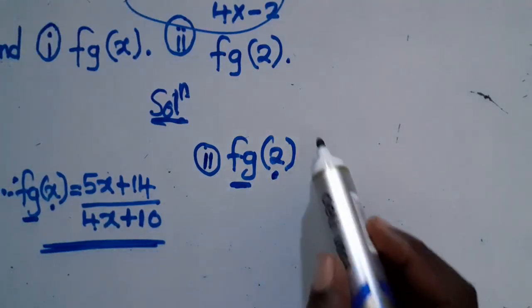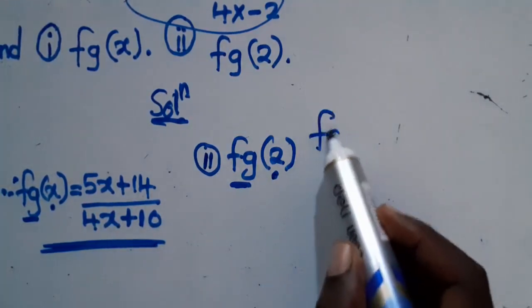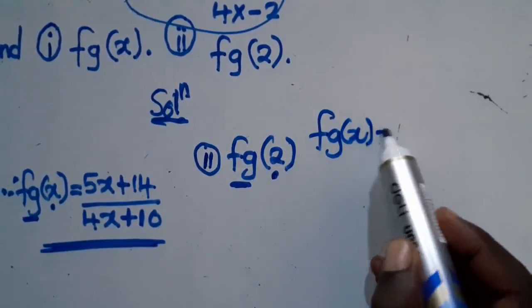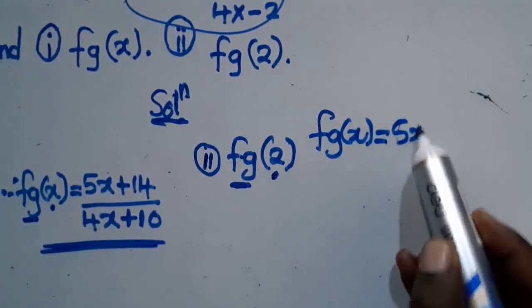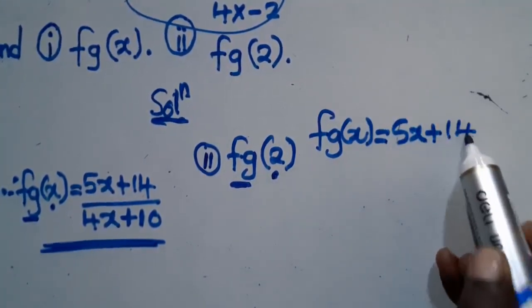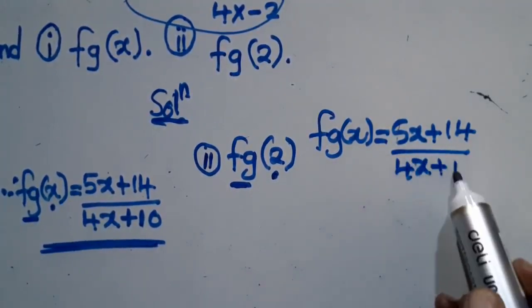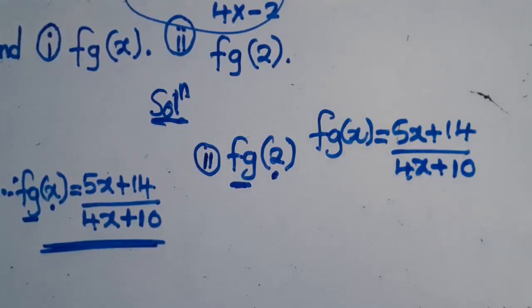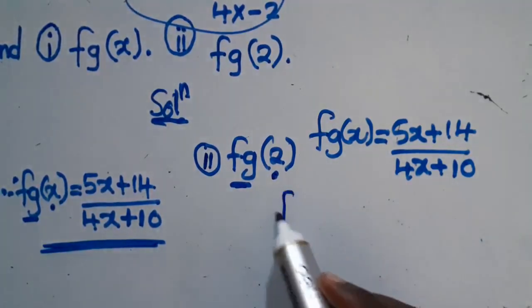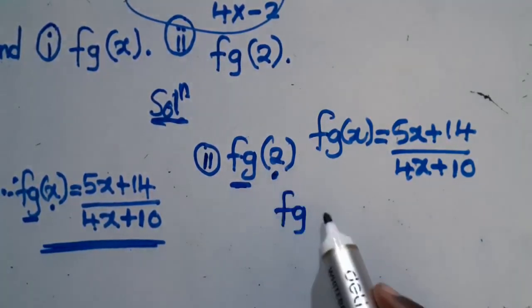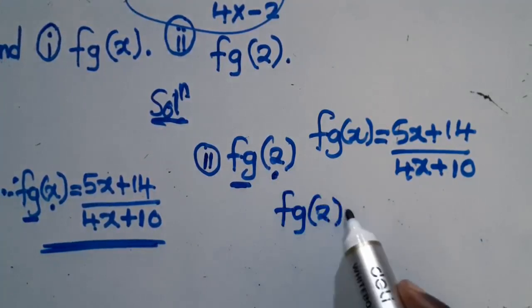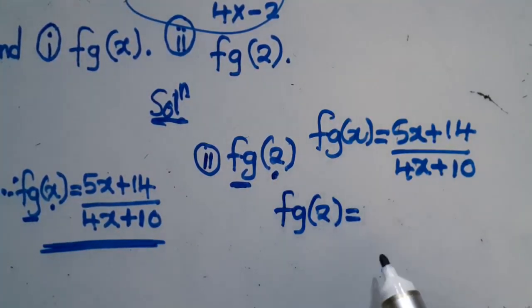So what I'm going to do is write the function fg of x is equal to 5x plus 14 over 4x plus 10. I write that function. I say fg of 2, now I put a 2 there, which is equal to, where there is x, I put a 2.